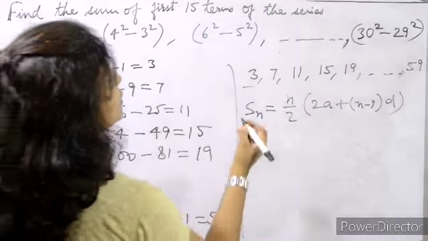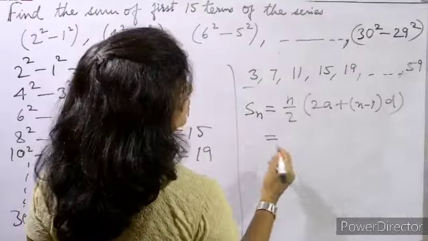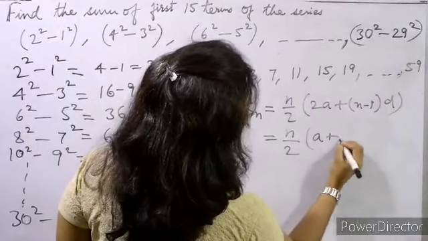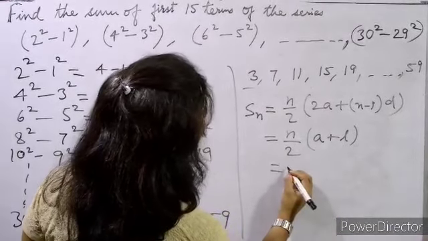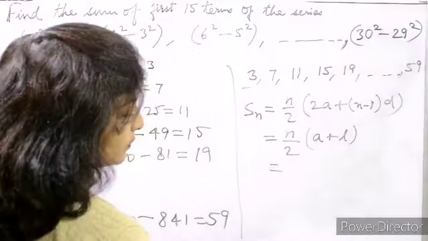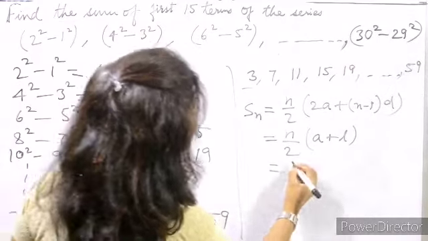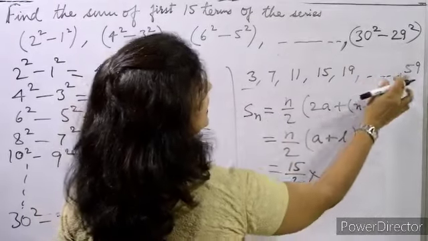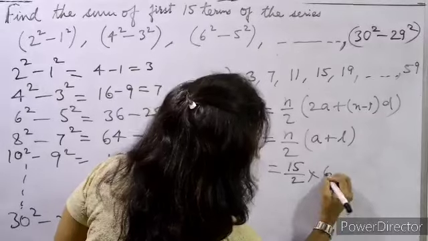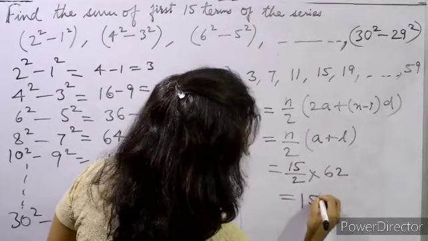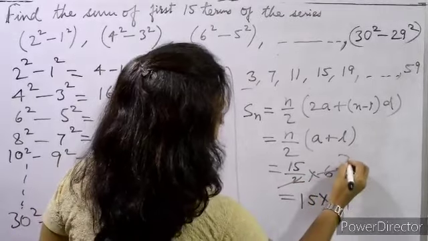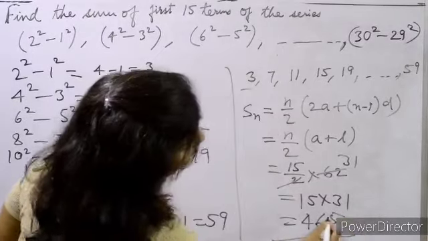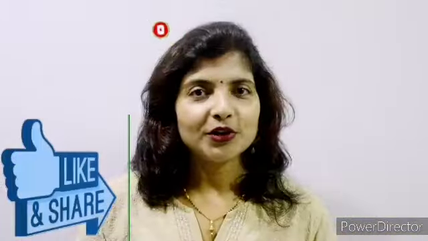Okay, the difference is 4, so here d is 4. So now we can apply this formula, or otherwise we can also apply the formula n/2 into a plus l, the last term. So n is, first 15 terms, so 15/2 multiplied by a is 3 and l is 59. So 59 plus 3 is 62. So it will be 15 into 31. So the value will be 465.